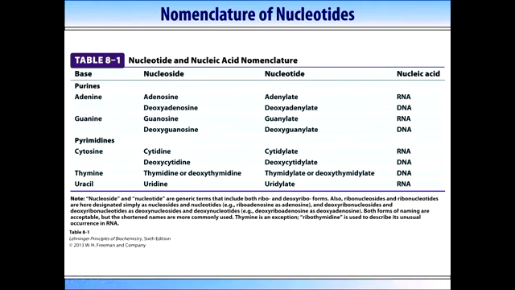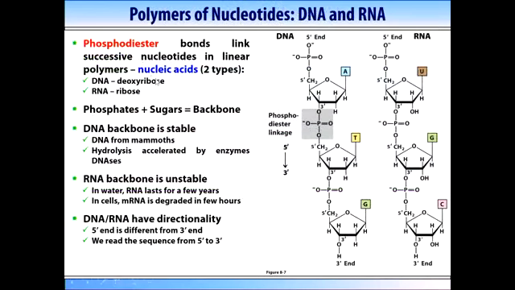Okay, how do nucleotides polymerize into nucleic acids? That happens through the formation of so-called phosphodiester bonds that link two successive nucleotides in linear polymers. The result of that is nucleic acids. There are two major types, DNA and RNA. DNA stands for deoxyribonucleic acid, and RNA stands for ribonucleic acid.